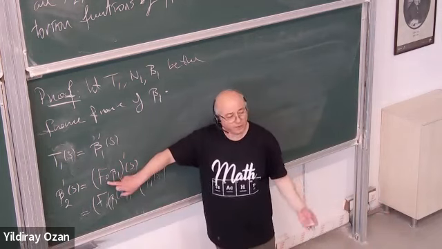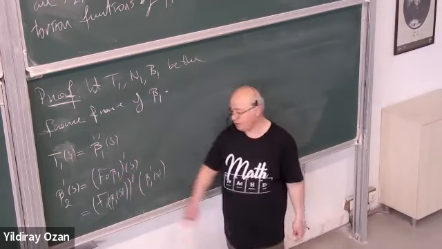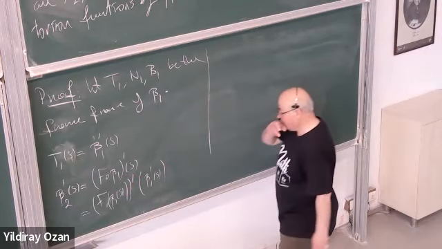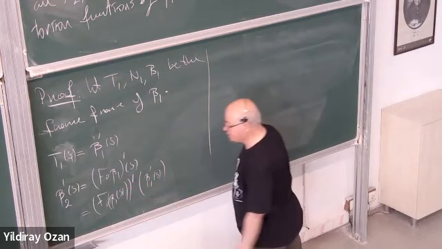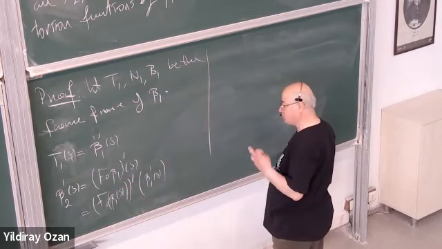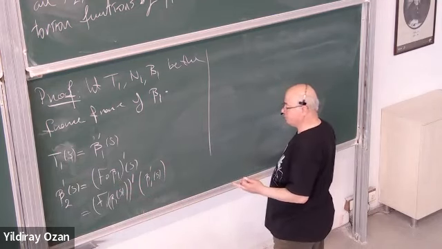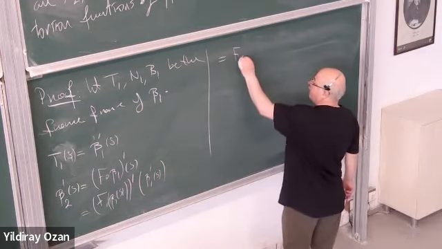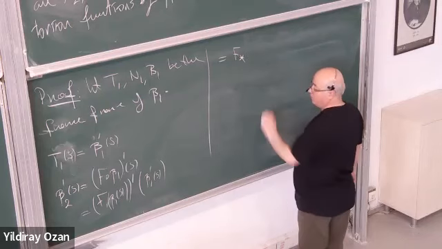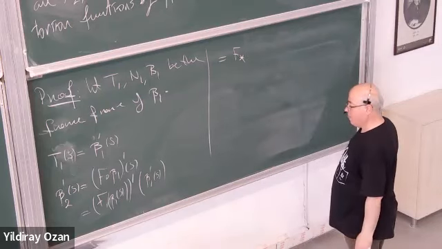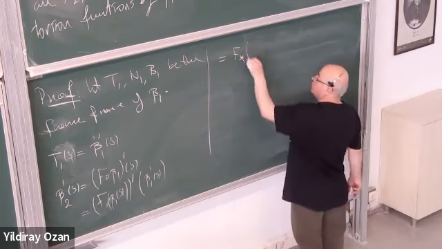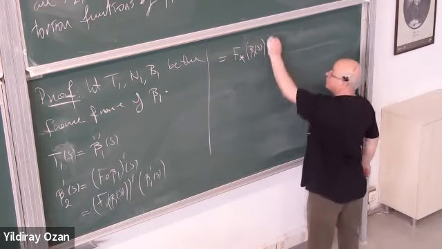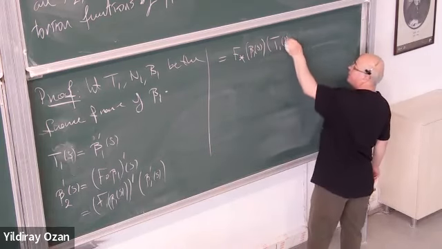Derivative of the outer function applied to the derivative of the inner function. But what is the derivative of this? It is just the differential of F, right? So it is just F star at beta 1 of s, and then this is just T1 of s.